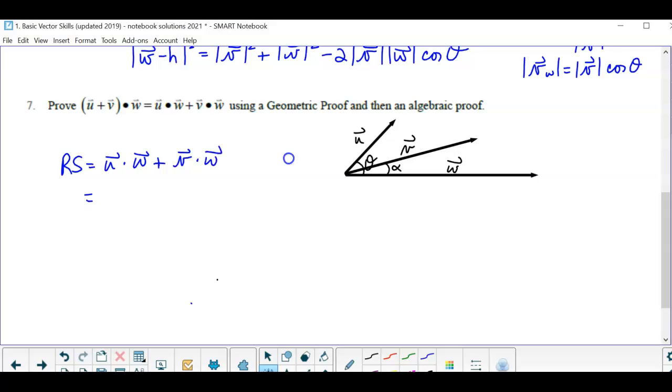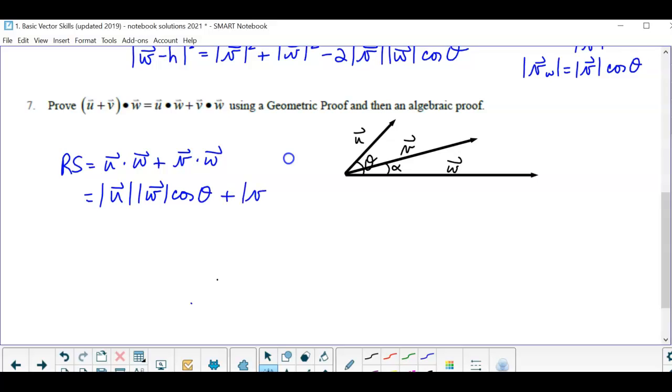Okay, so geometric version proof. We're using the geometric definition. So this will be magnitude of U, magnitude of W, cosine the angle in between them, that one is theta.